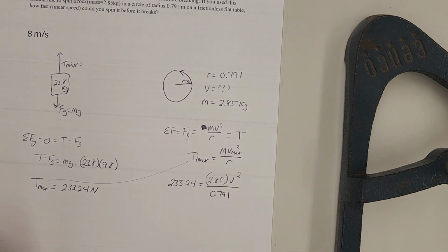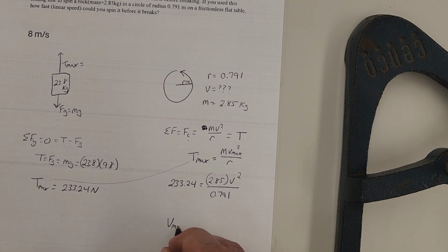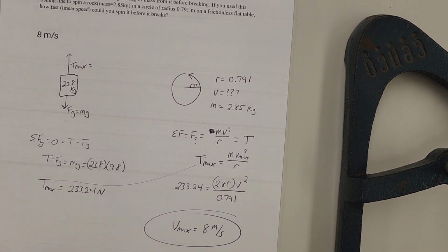So I'm going to multiply it, divide it, and then finally square root it. If I do that, you should end up with a V max of around 8.05, or we can just say 8, which is what we got for our answer.